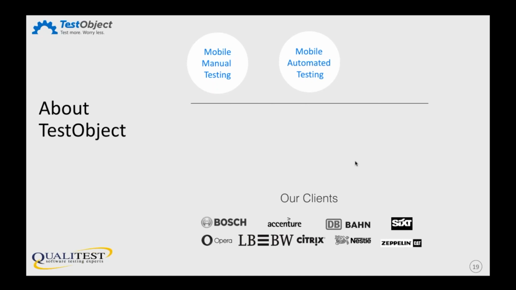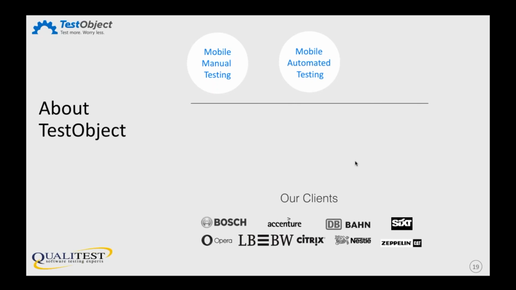But what we do also, and this is kind of the focus of this talk, is automation. We integrate with some of the most popular open source frameworks for mobile automation.